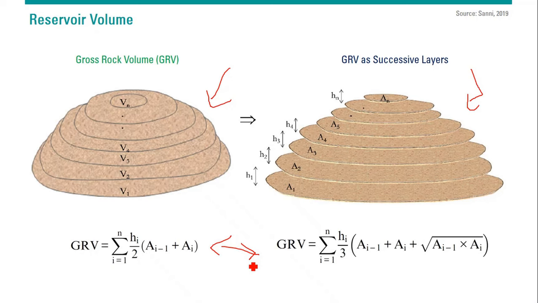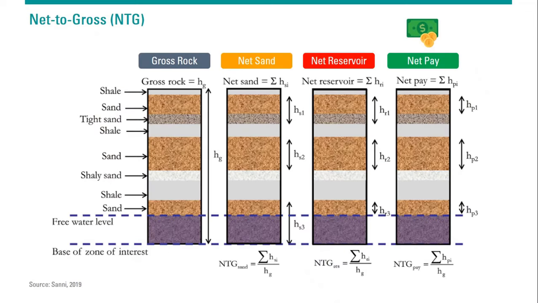It's still gross volume. And then we need to multiply the gross rock volume with net to gross. Okay? Gross means all. Net means something that is very important. So at the left, we have gross rock, the total rock volume.